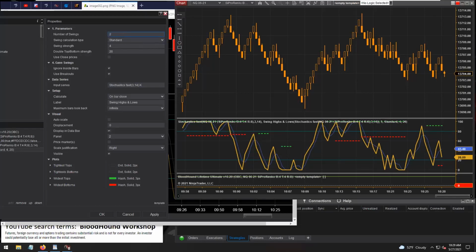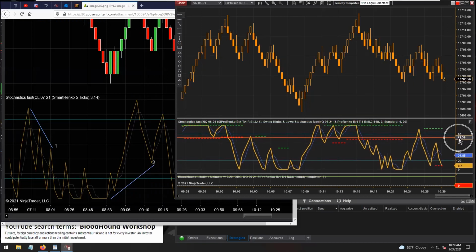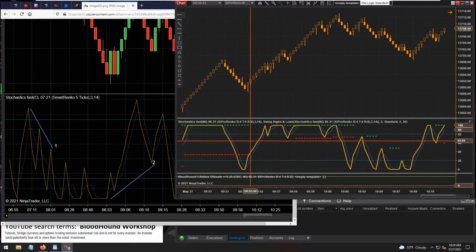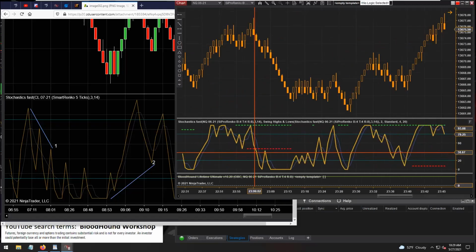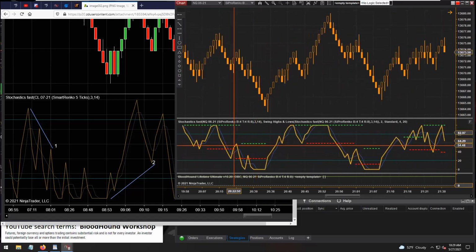Now it's just a matter of fine tuning the swing indicator, so that the high and low points are being detected by the swing indicator as best as possible. All right, so I'm just looking through.